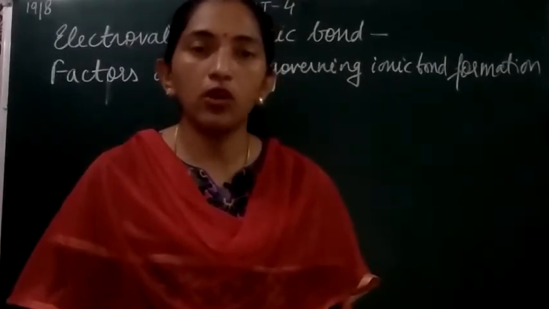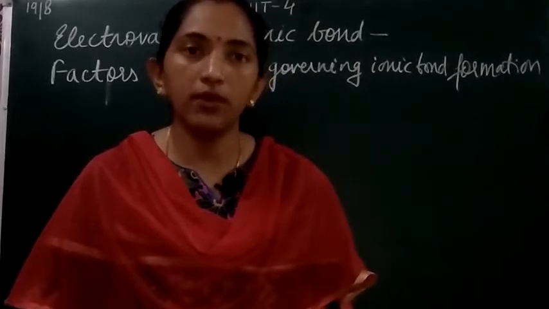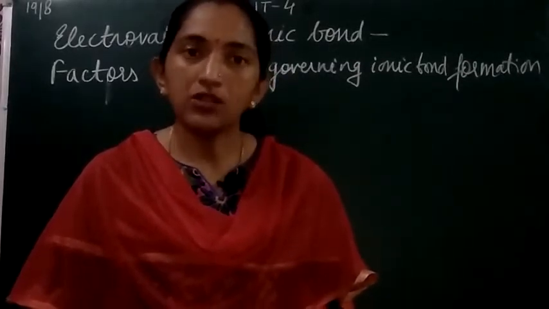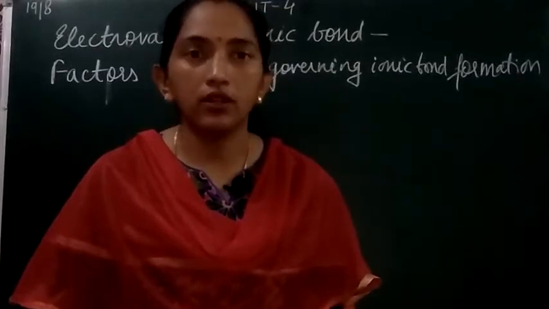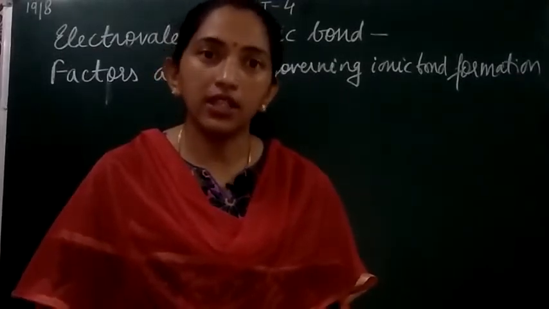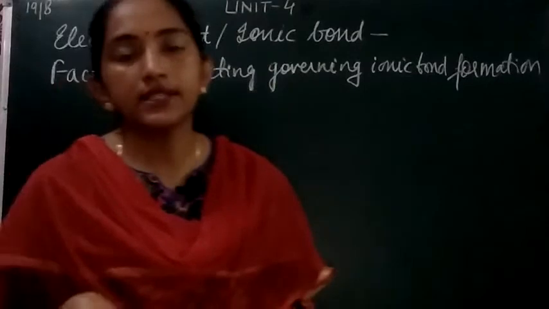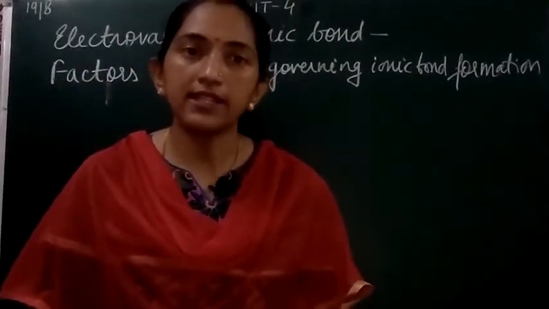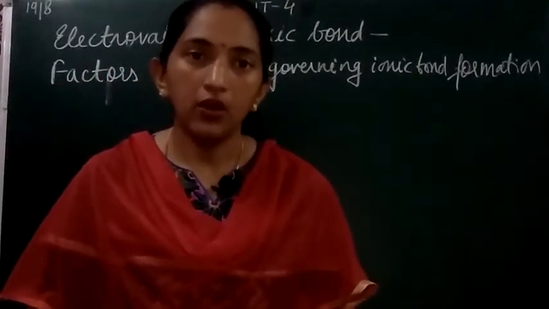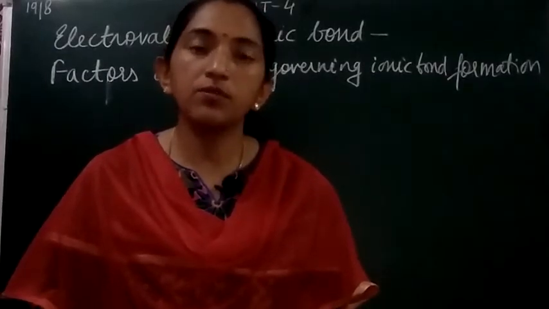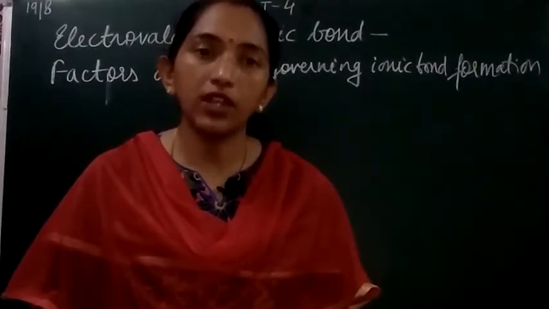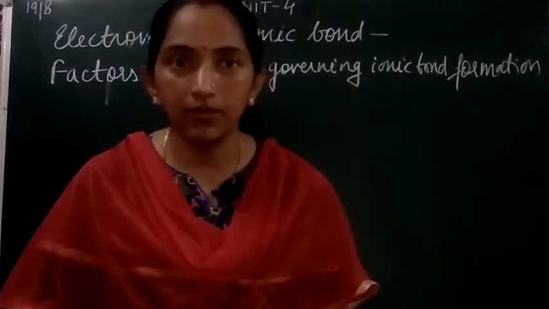The first step was that there is a loss of electron by an atom. Now students, which periodic property is related with the loss of electron? It is ionization enthalpy, right? And the second step was the accepting of the electron. The periodic property related with the acceptance of electron is the electron gain enthalpy, right?